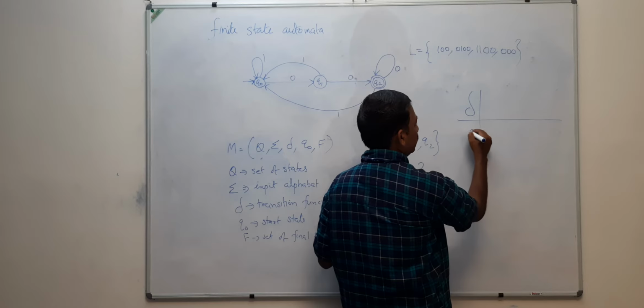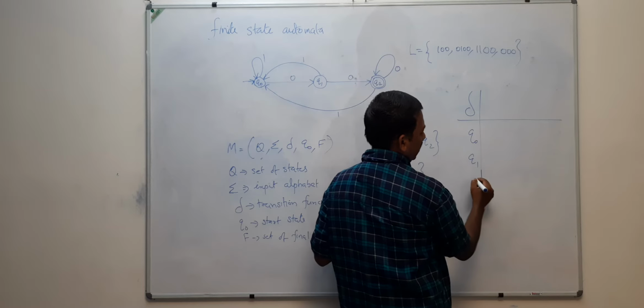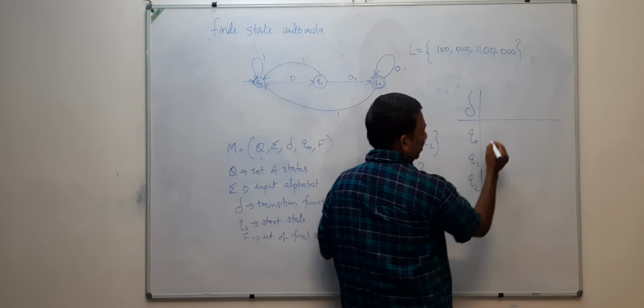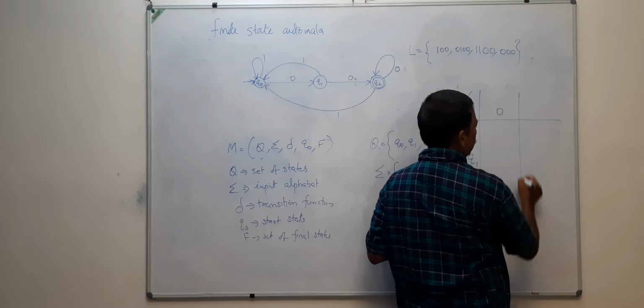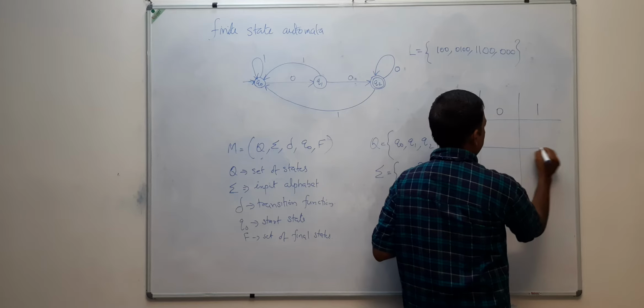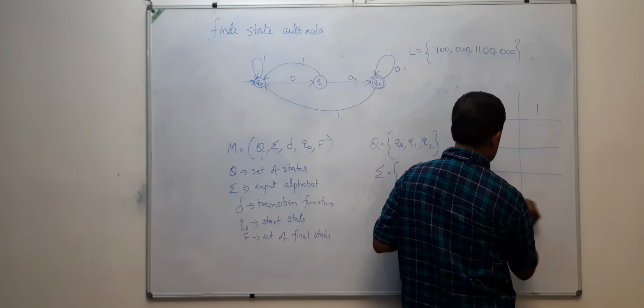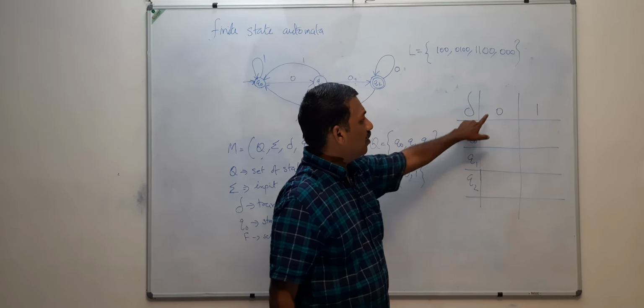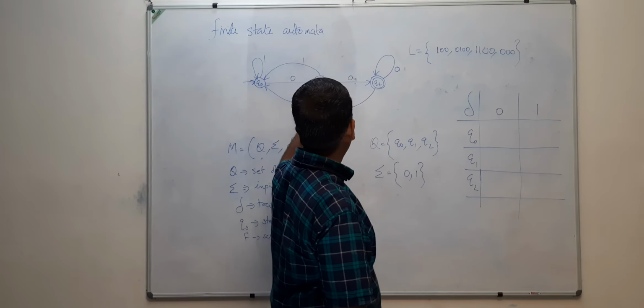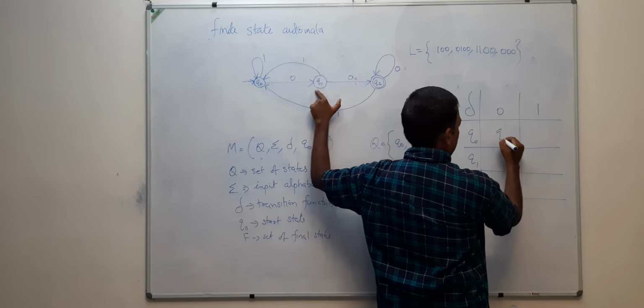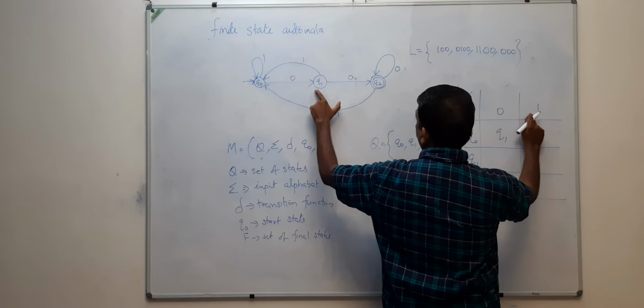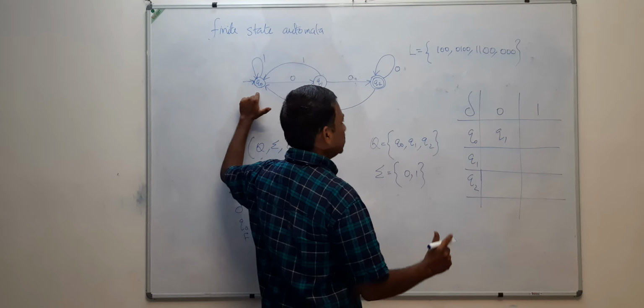That is, Q0, Q1, Q2, and upon 0, 1. Q0 upon receiving 0, what will happen? It is switching to Q1. Q0 on receiving 1, what will happen? It is staying in the same state Q0.